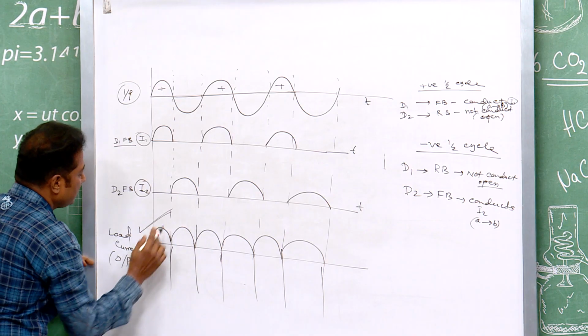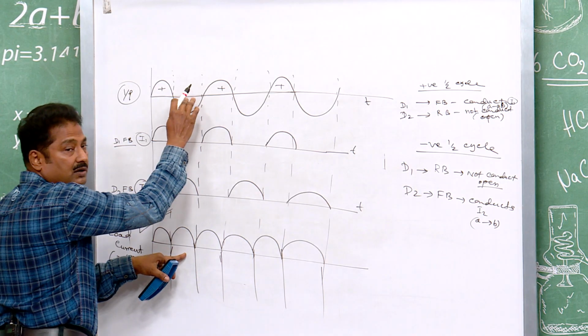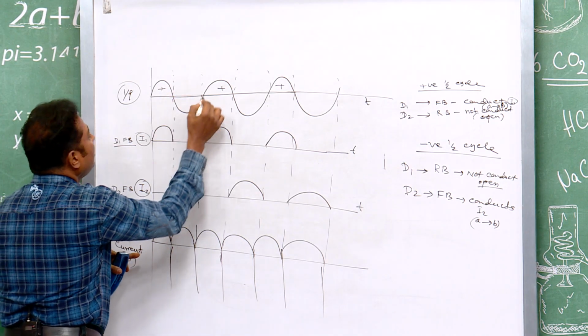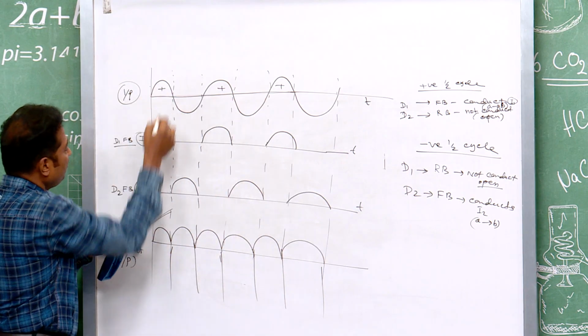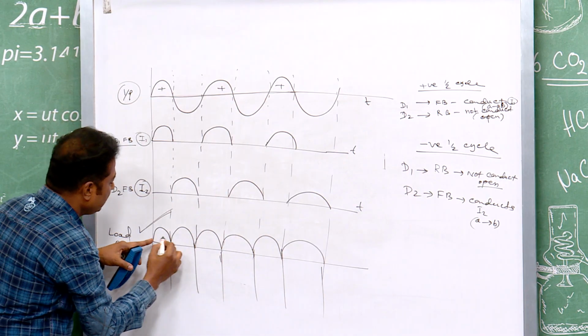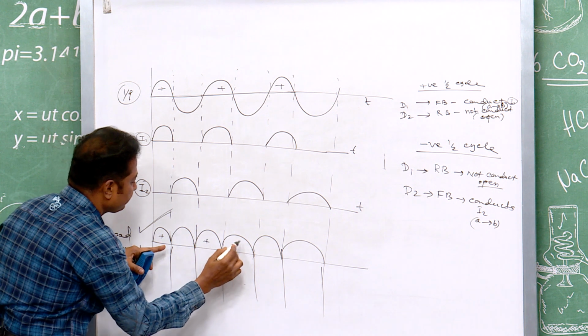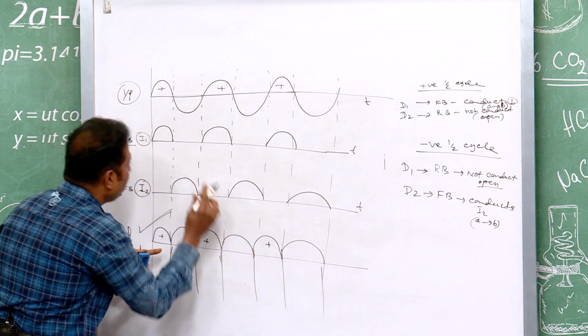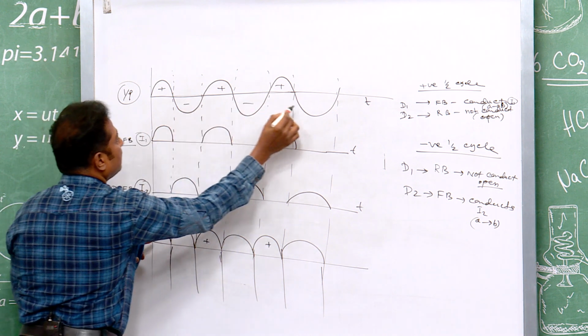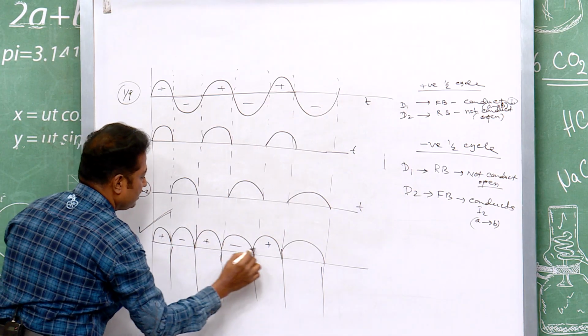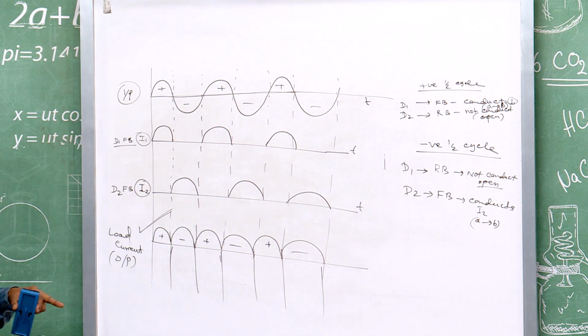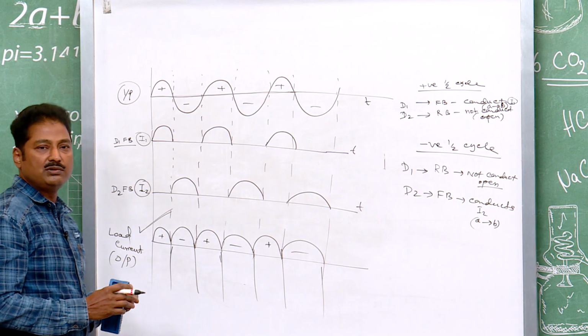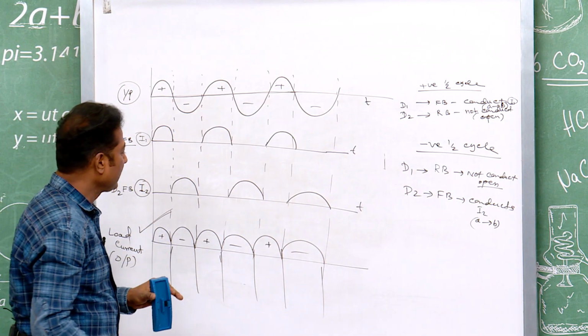Now, you concentrate on this one. You see, all the full wave positive half cycles give this one. All the negative half cycles give this one. So, what do you find?